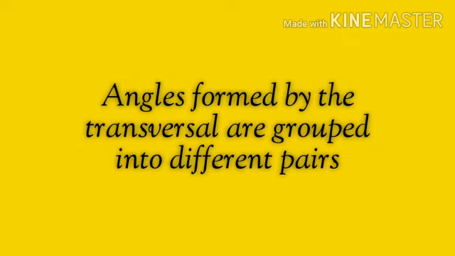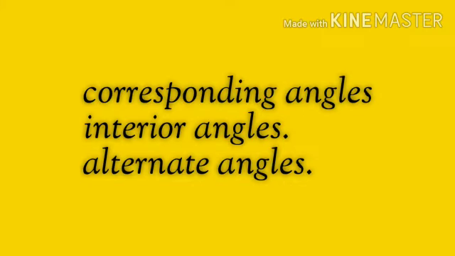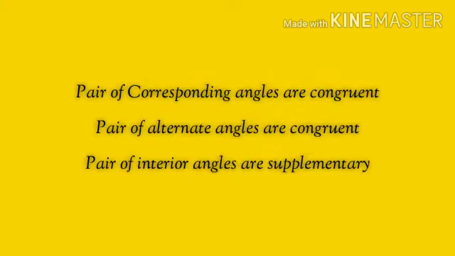So, the pairs of angles made by a transversal are corresponding angles, interior angles, and alternate angles. Alternate angles are alternate interior angles and alternate exterior angles. Then we learned properties of angles formed by two parallel lines and a transversal.